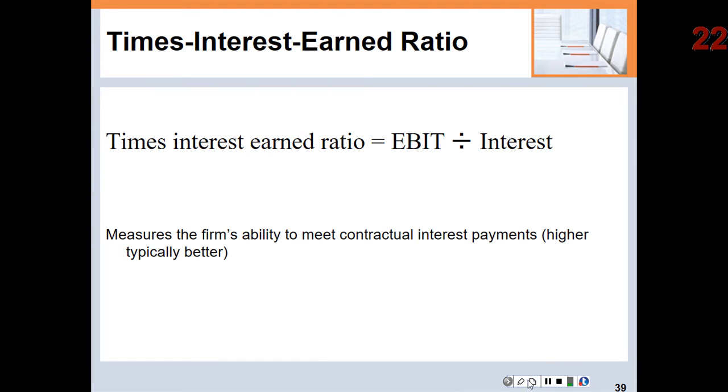So if we take our EBIT of 418 divided by interest expense, which we've talked about before, the interest expense for this company for 2015 is 93.